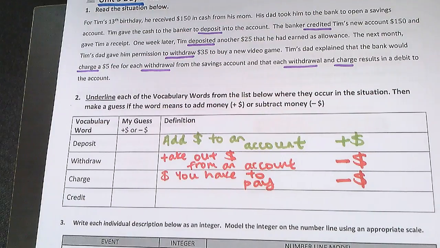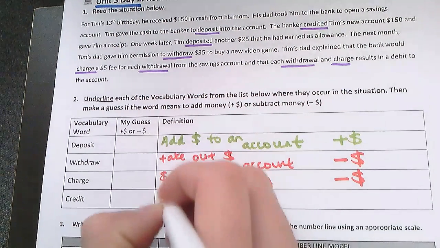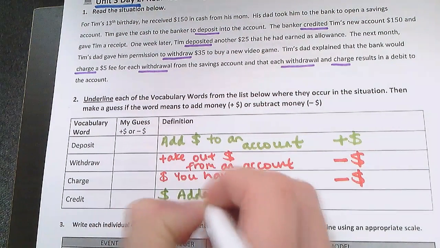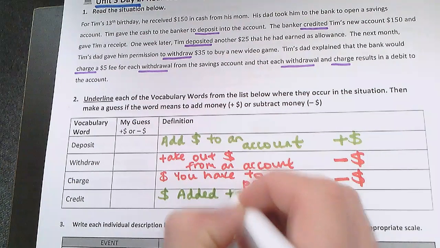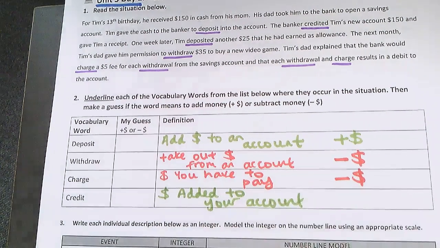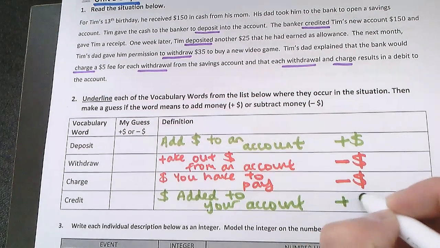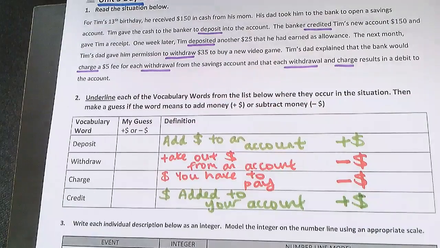And a credit means that is money that's added to your account. So if you receive a $10 credit, that's like gaining $10, so it's a plus.